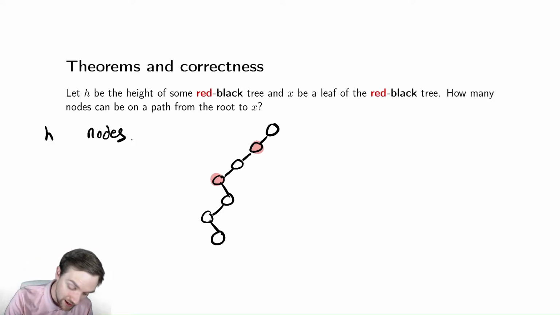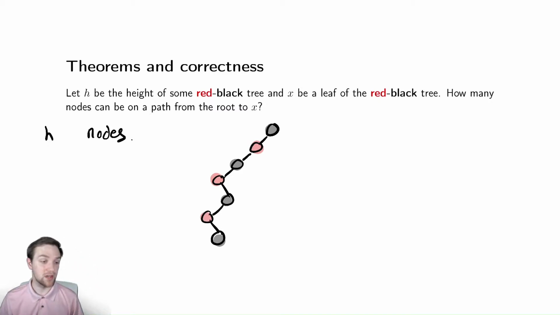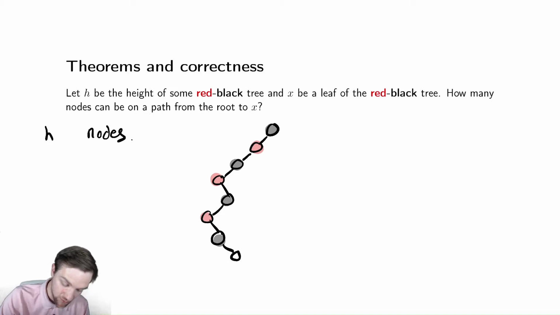Well, I can't have 3 red nodes in a row, or 2 red nodes in a row, and the root had to be black. So the worst I could possibly do would be something like this, if I'm trying to be the devil's advocate here and say what's the most number of red nodes. And that looks like about half. In fact, if I had one more child, it would be exactly half.